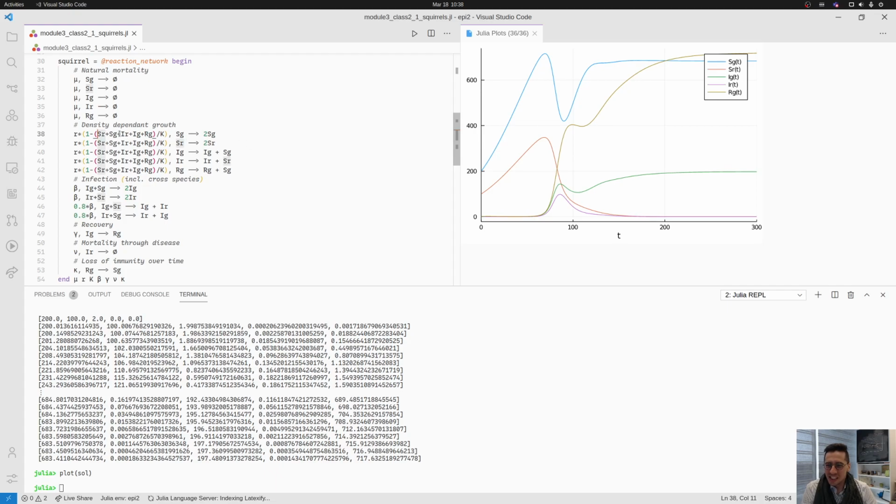So that is SG, and so everything that has a G in it is going to be a little bit more competitive. Let's copy that. Here it is SR, and so everything that has an R in it is more competitive. These are also things that we could set as parameters, right?